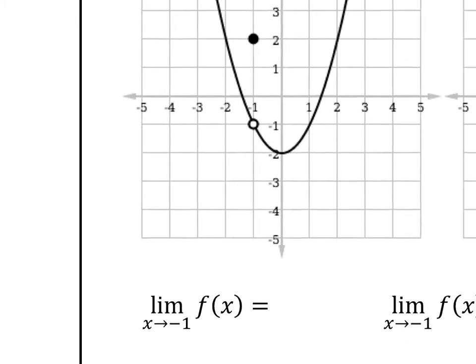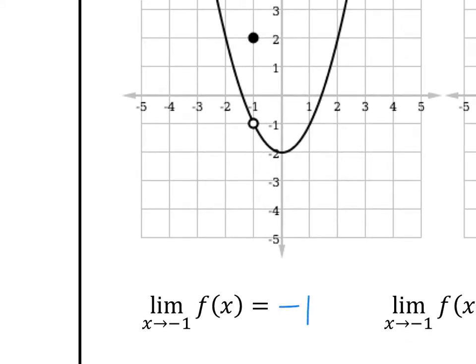Okay, the answer is -1. So the limit as x goes to -1, we said x goes to -1 means it's getting close to -1, so that's when x is getting close to -1. Y goes where? Y goes to -1. Now, does it exist on -1? No, but it doesn't matter. We said arbitrarily close.